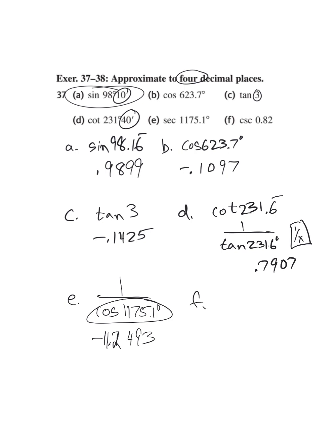And now F, cosecant is the same as 1 over the sine of 0.82. That's in radian mode. So get in radian mode and do the sine of that, and then hit the 1 over x key. And that's 1.3677.